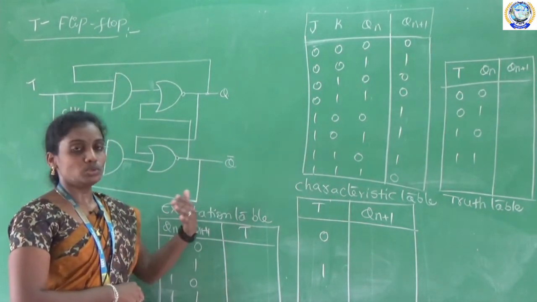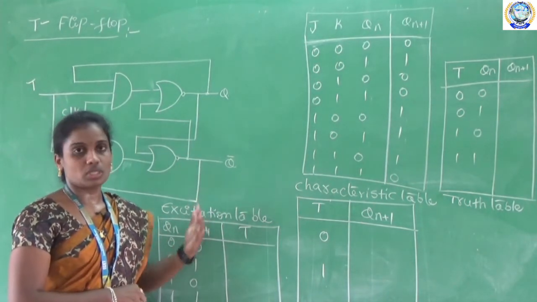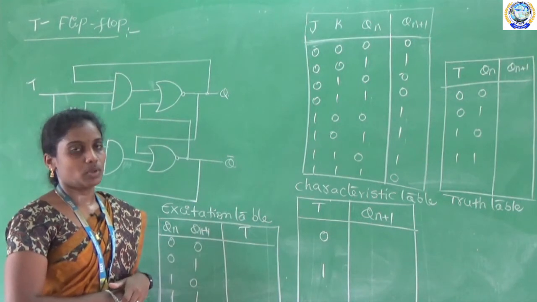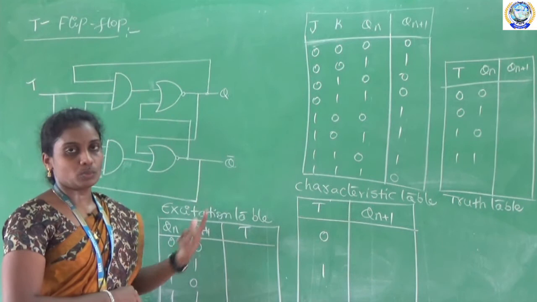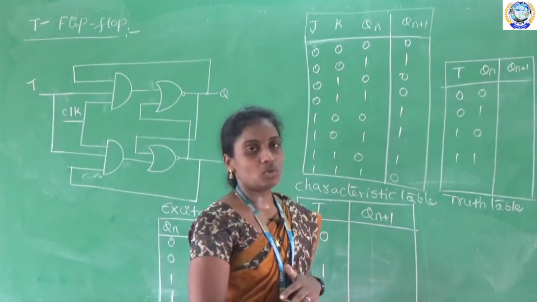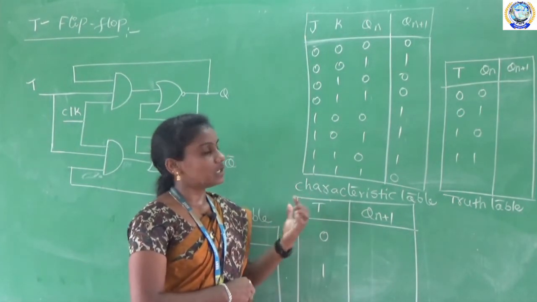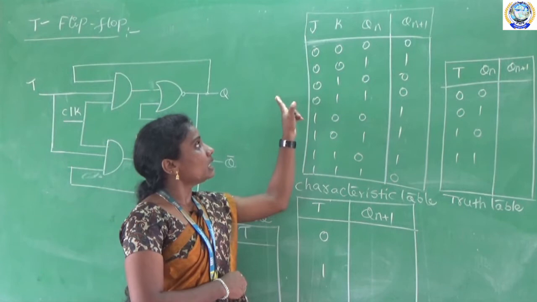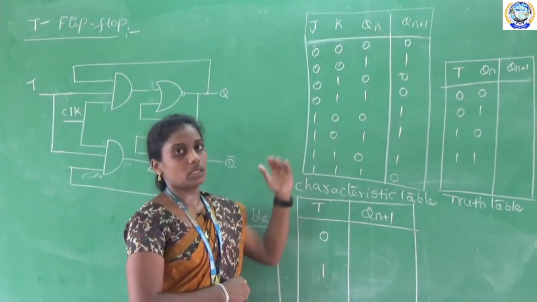Now the truth table of the T flip-flop is defined from the truth table of the JK flip-flop. Here we are having only one input, that is T. The input conditions are T equal to 0, when J and K both are equal to 0, and T equal to 1, when J and K both are equal to 1.